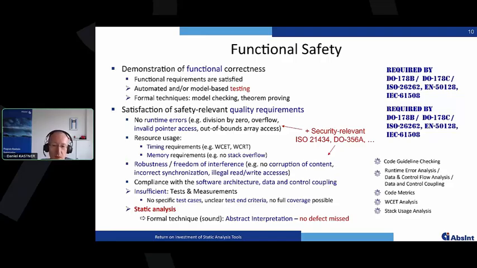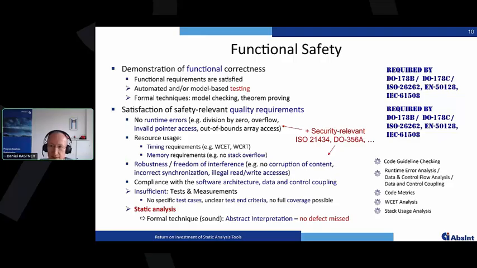It's much more. So it includes, of course, the code guideline checking, computation of code metrics, but also runtime error analysis, data and control flow analysis, data and control coupling analysis, and also basically hardware-related topics like worst-case execution time analysis or stack usage analysis.